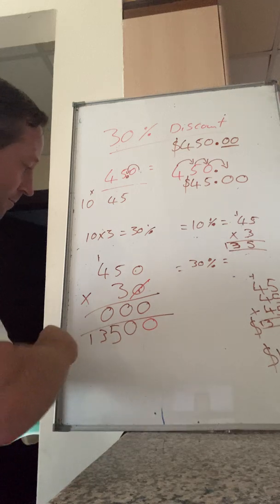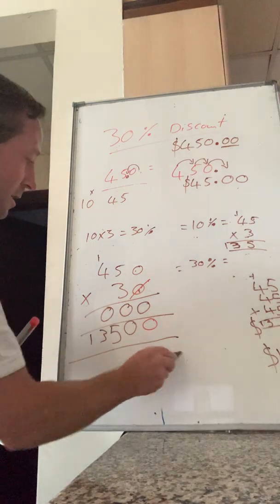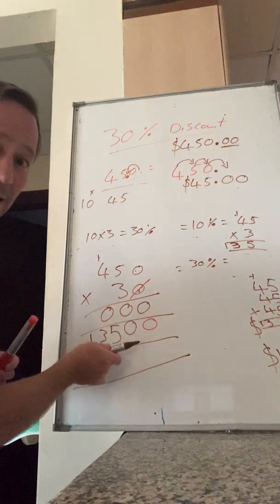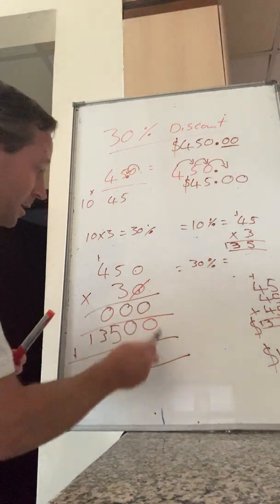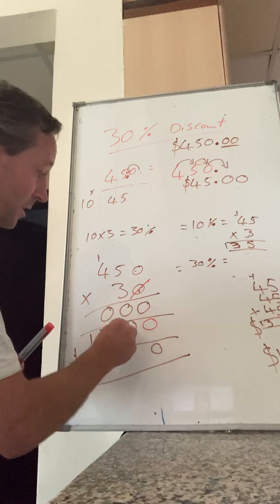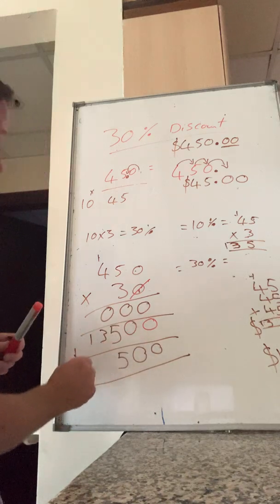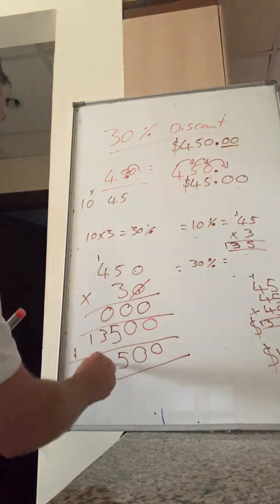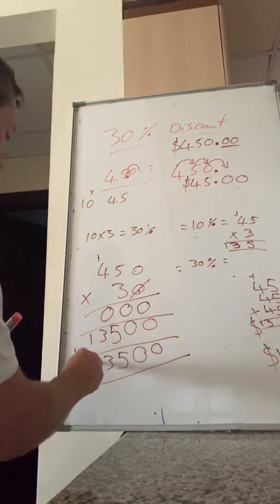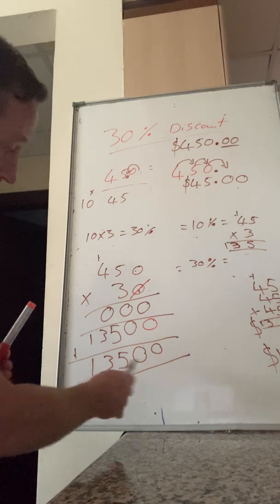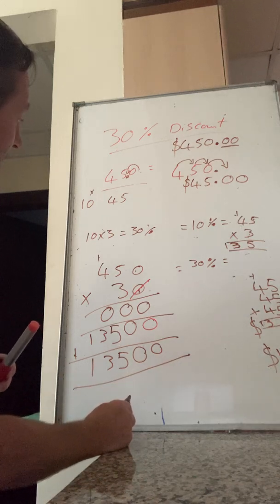And my next step is I will plus these two together, which again seems a waste of time because 0 plus 0 is 0, 0 plus 0 is 0, 0 plus 5 is 5, 3 plus 0 is 3, and 1 plus 0 is 1. That would be my answer.